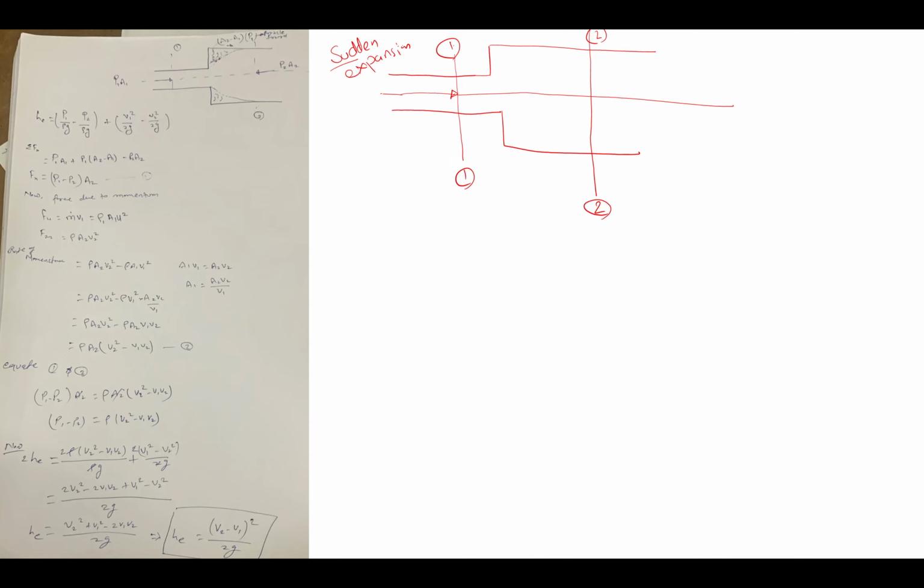Okay, so how will you calculate it? First of all, you apply the Bernoulli equation. When you apply the Bernoulli equation, your formula will come like this. Hope it is visible.